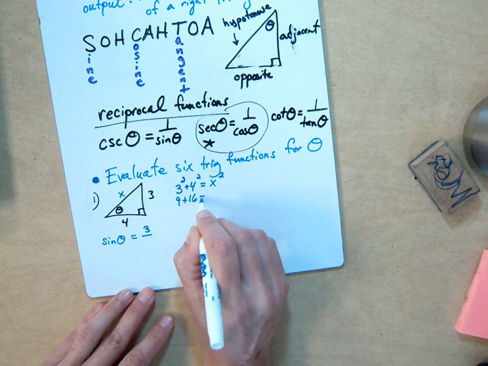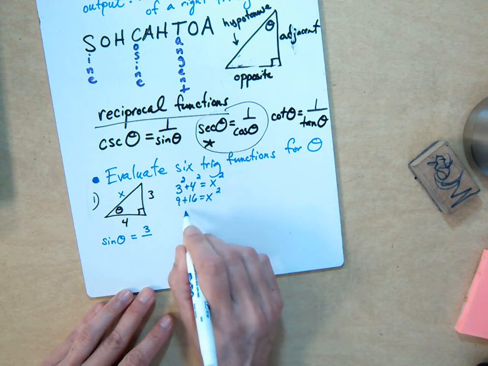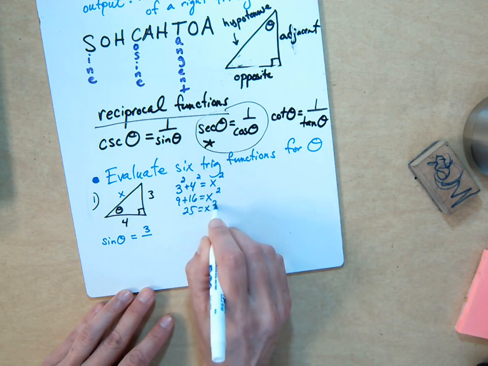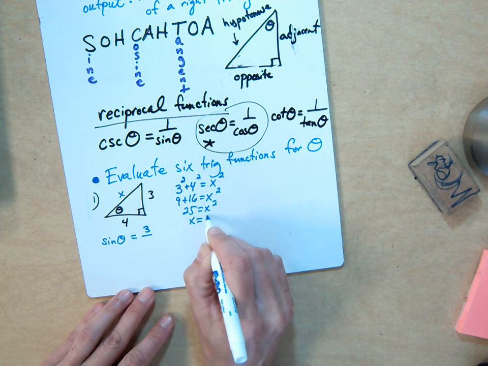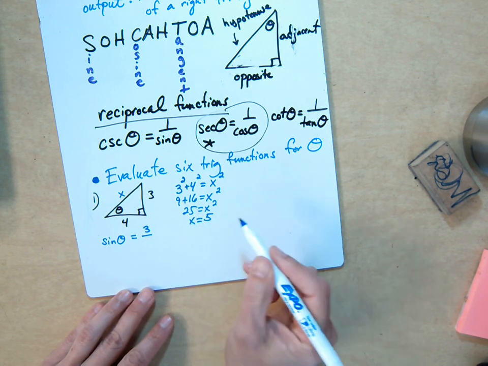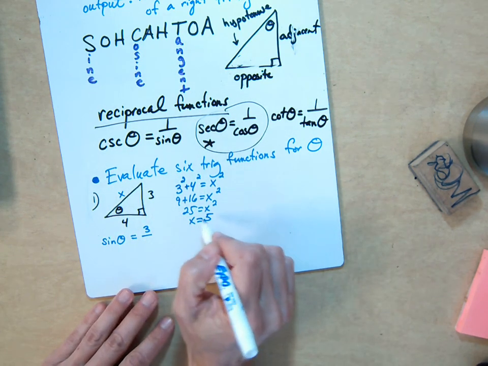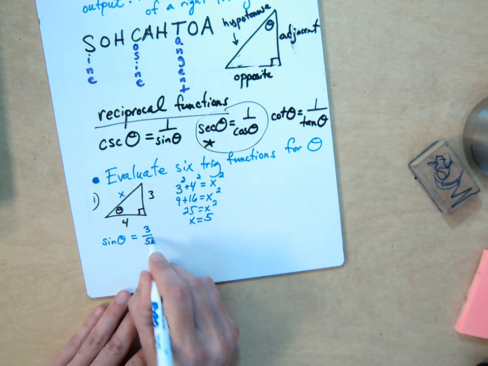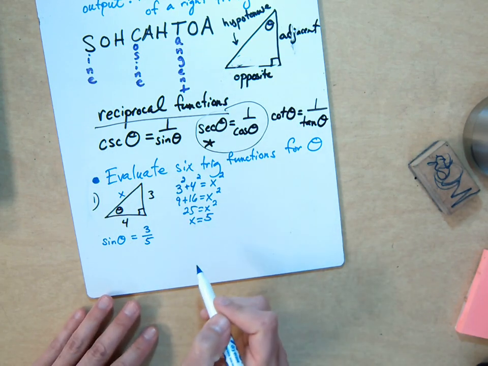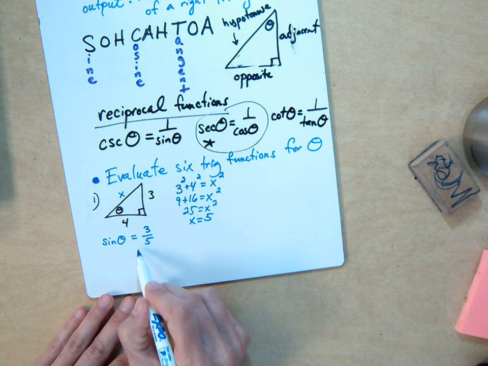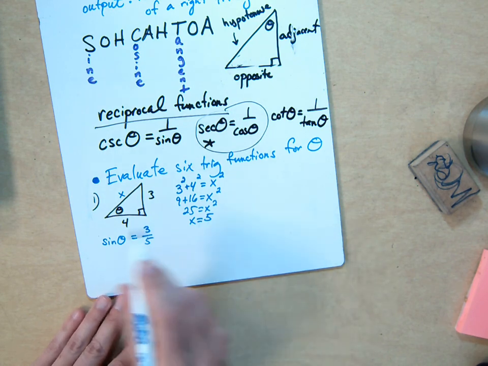I'll only show this once, and then we'll go faster. Now, does x equal plus or minus 5? Well, yes, but not in context, because we're looking for the length of a side. So we use positive 5. So now we know that's 5. So the sine of the angle is 3/5. That's your answer. The output is the ratio of 2 sides, so you leave it 3/5.